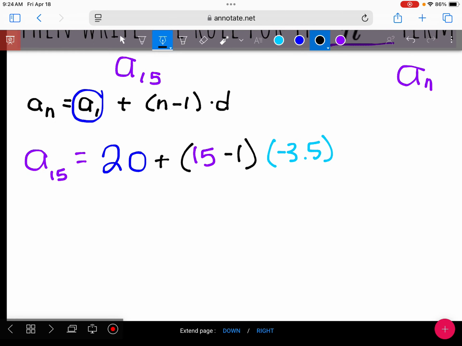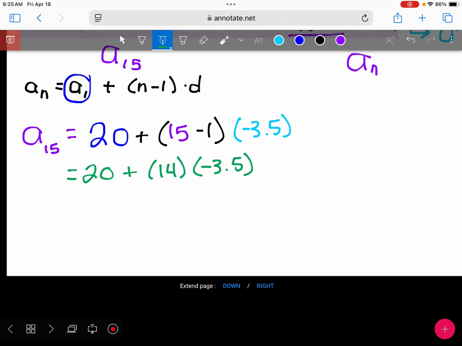So let's simplify this because there's a whole lot in there. We've got 20 plus 15 minus 1, that's 14, times negative 3.5. That's negative 980.